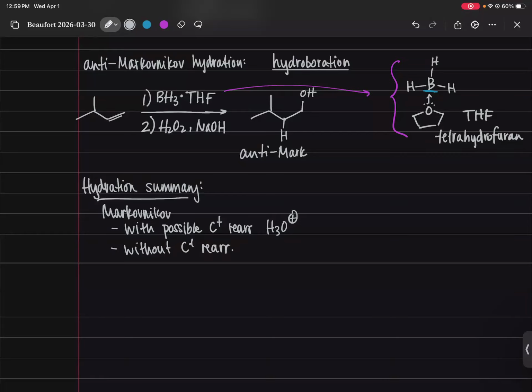If we specifically want to avoid a carbocation rearrangement, we use oxymercuration demercuration. And if we want anti-Markovnikov addition, we use hydroboration. Okay, so three methods for hydrating alkenes.